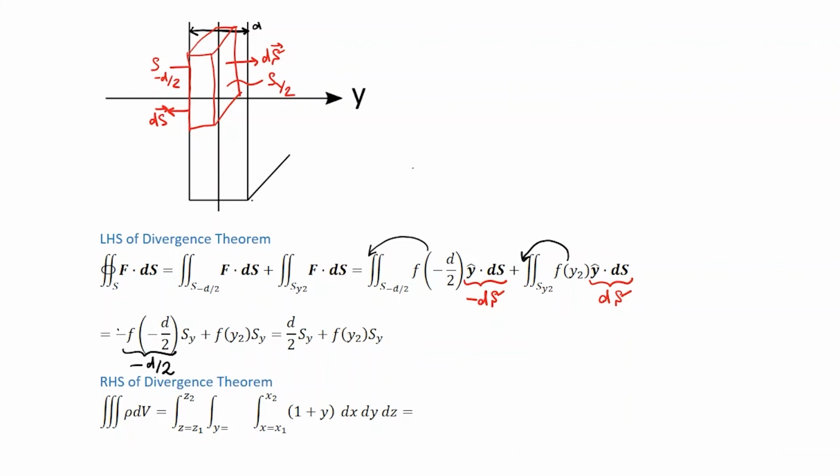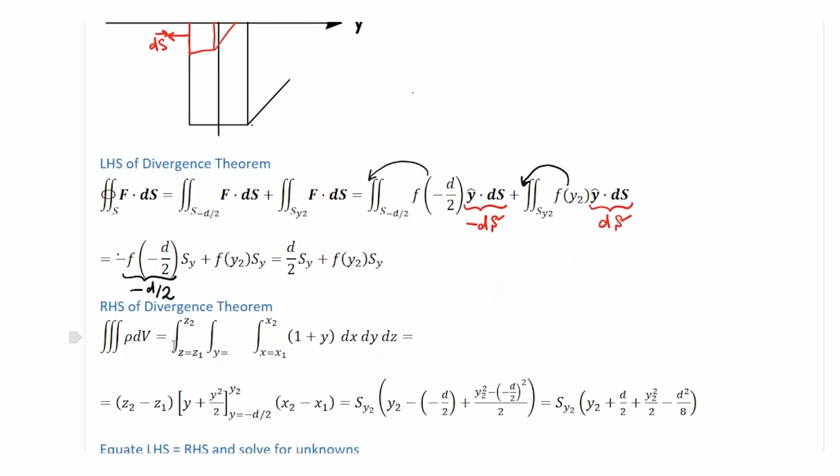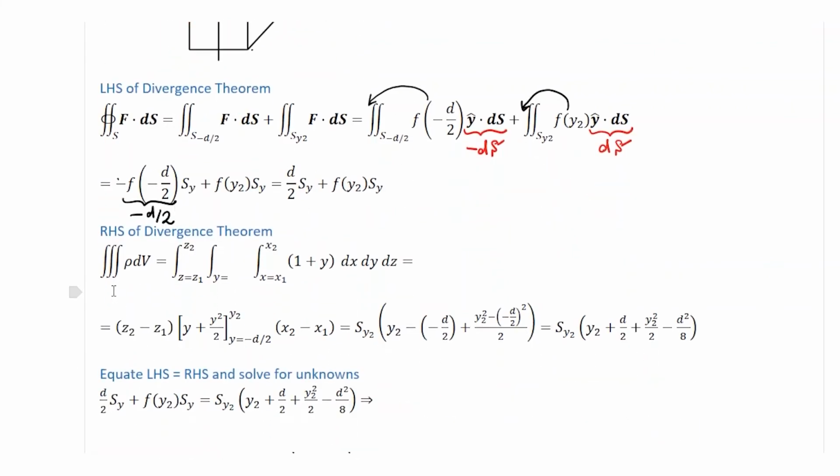This didn't change. For the right-hand side, we have the same integral. Sorry, I forgot to label. The same integral of charge density. Everything looks the same as before. We're integrating the charge density for the same x bounds and the same z bounds.